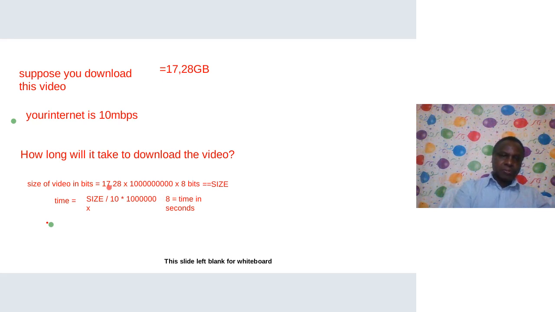You'll be left with 17.28 times 1 followed by 3 zeros, but 2 of the zeros will be eaten up by the decimal point here. So finally, it will be 17,280 over 10, which finally will become 1728 seconds.